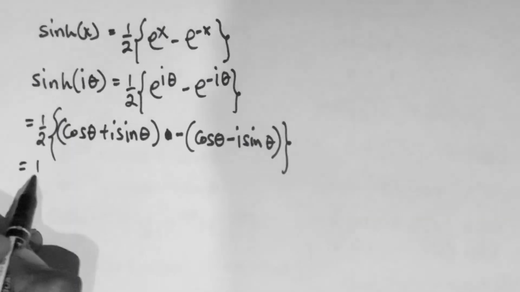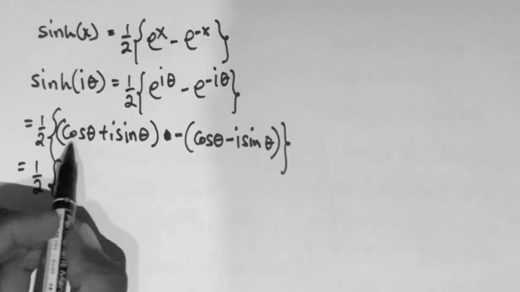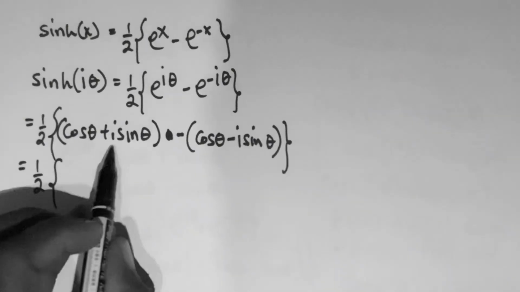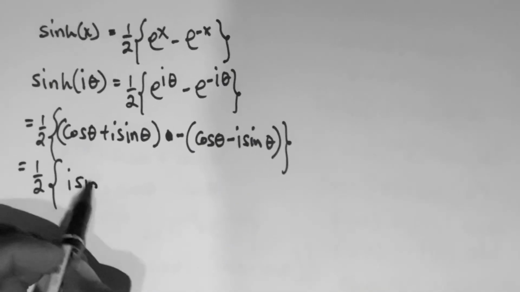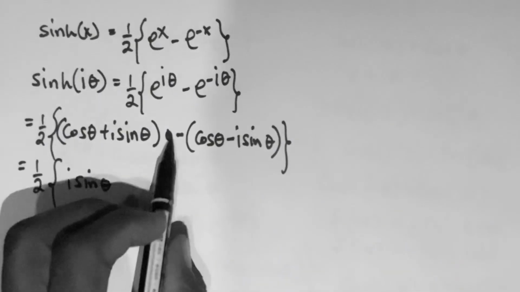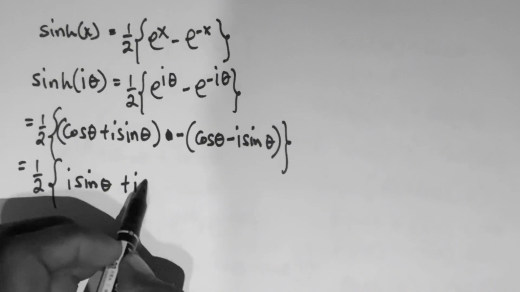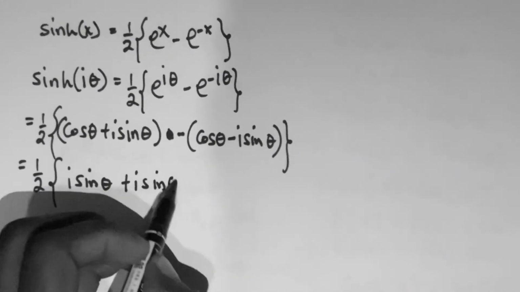So this is equal to half. Now cos theta minus cos theta is 0, so we are left with i sine theta, then minus i sine theta becomes plus i sine theta.